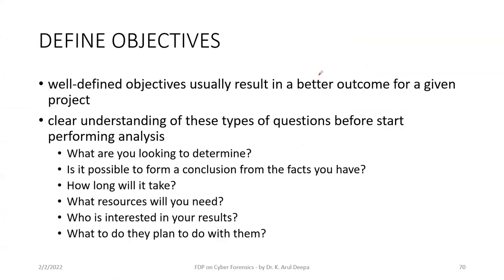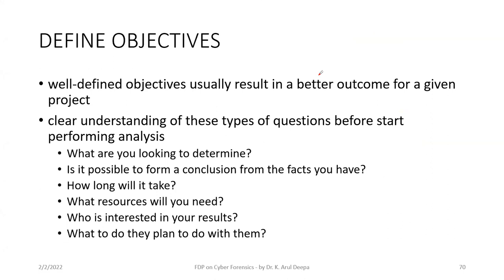So these are all the steps of analysis. First step is define the objectives. One must have commanding knowledge of both the situation as well as the technology. The one who has commanding knowledge of the situation as well as technology alone can define the objectives. The objectives should answer the investigation questions like: what are you looking to determine?